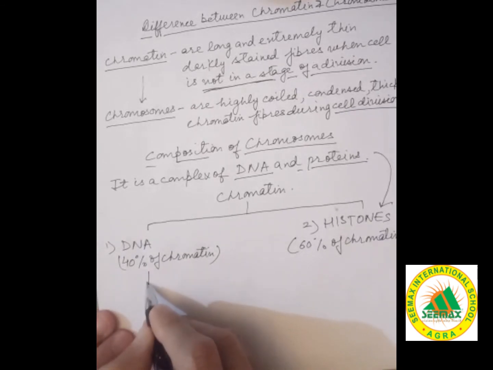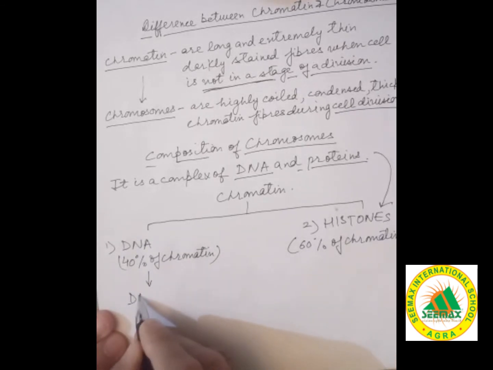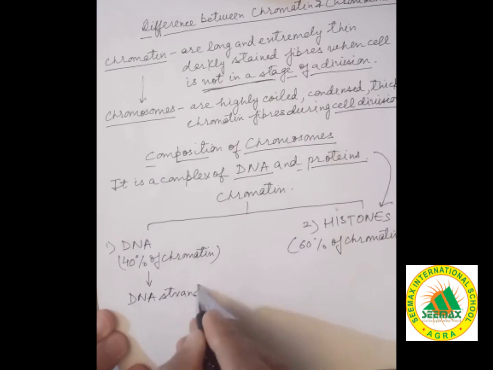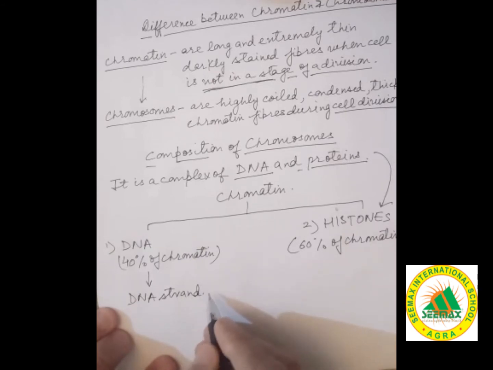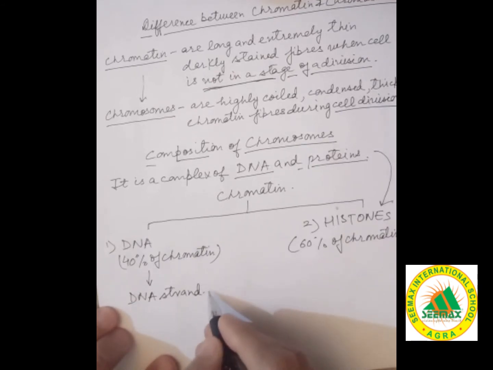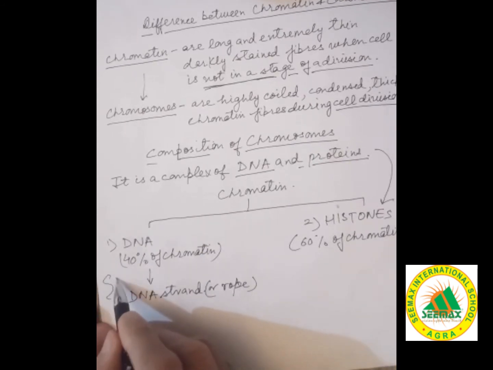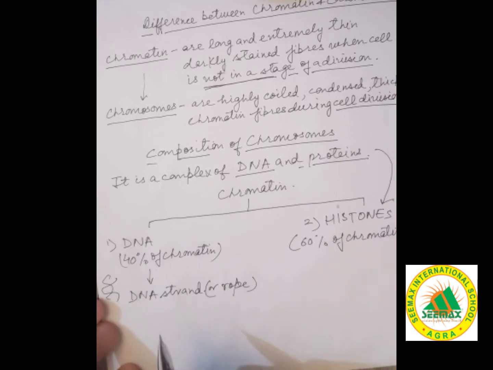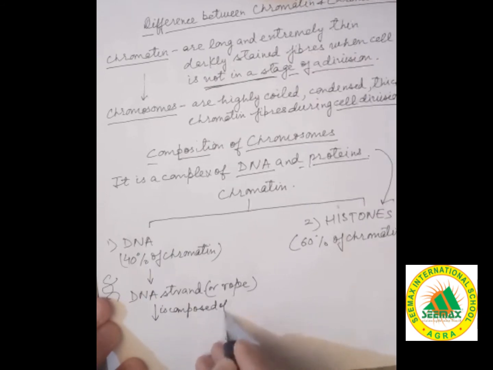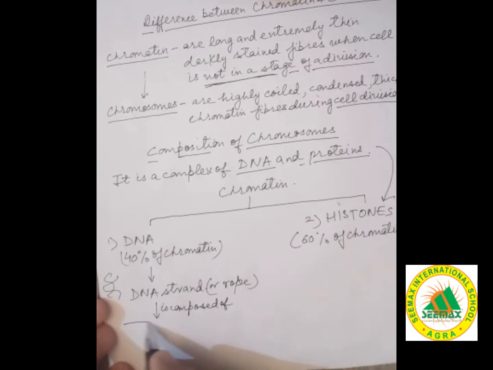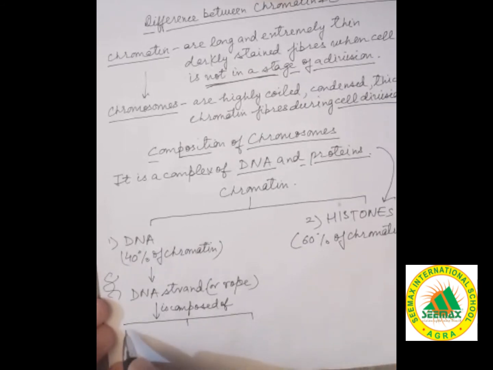So this DNA is actually found in the form of a DNA strand. A strand means shaft. If you don't understand, we can call it a rope. It looks like a rope. So this DNA strand is composed of three main constituents.